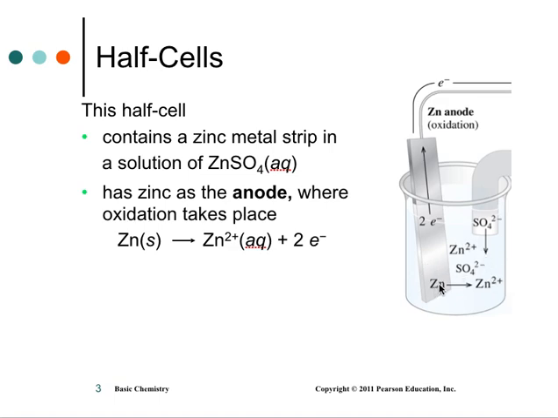The zinc is being converted into zinc ion, and this metal anode is actually deteriorating as it goes. Eventually, there's not going to be any zinc in the anode left, and then your battery would stop. In this beaker, we have a zinc anode in some zinc solution. You're going to have some zinc sulfate in this beaker.